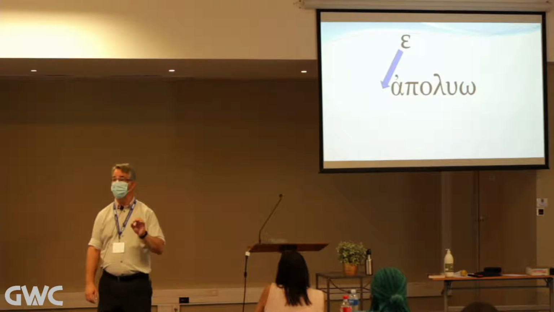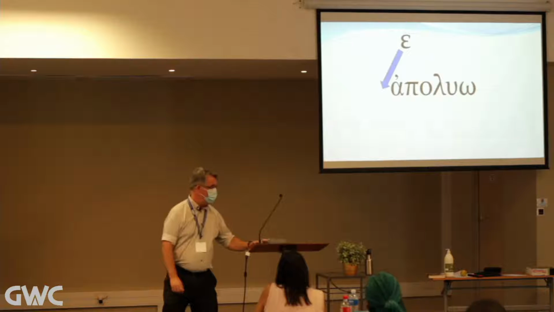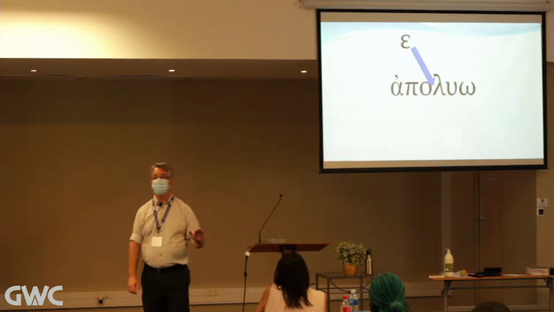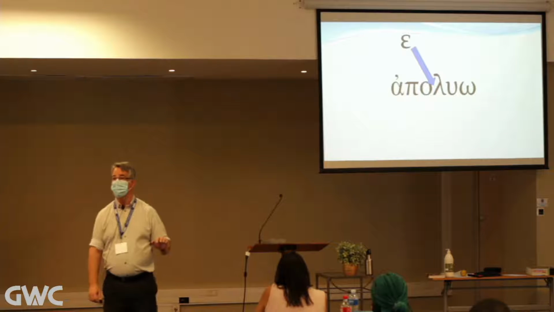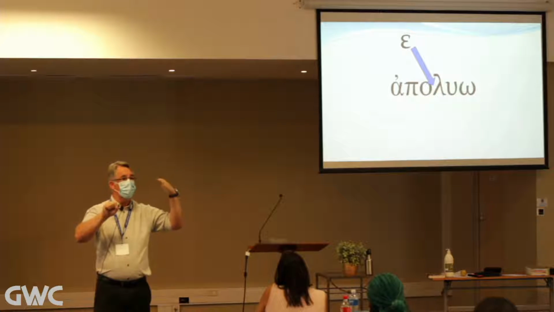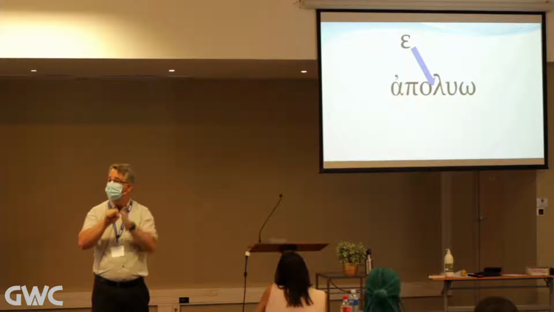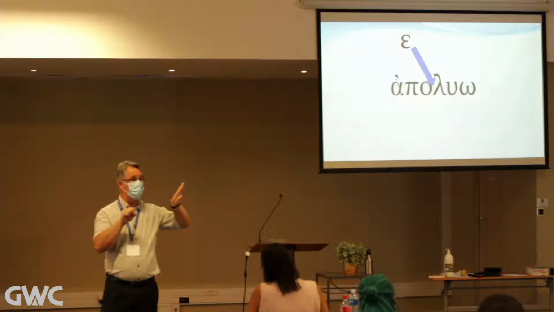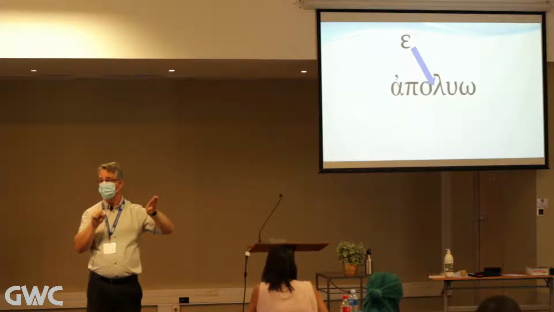We want to put it at the front of the verb bit, because it's a compound verb. The augment doesn't go at the very front. The augment goes in the front of the verb part, not the preposition part, when it comes to a compound verb.